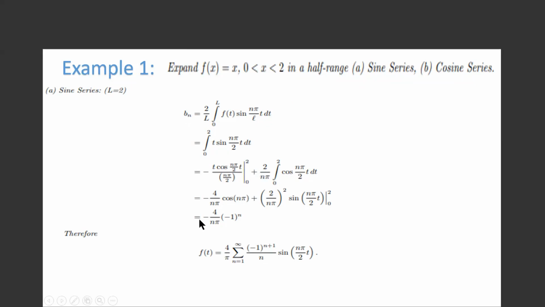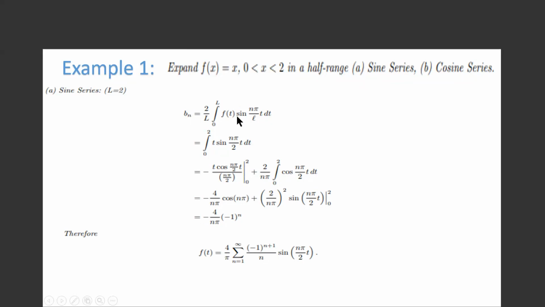So this is the Fourier series of my function, which is defined in the half range, and I complete it to be a sine series, so I complete it to be odd. It will be an odd function, so a naught will be 0 and an will be 0. I find bn.